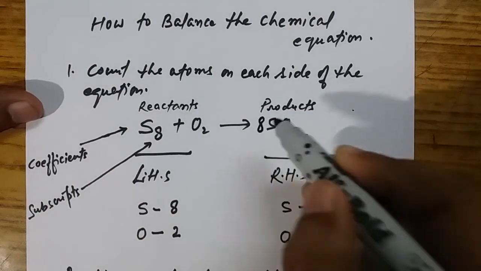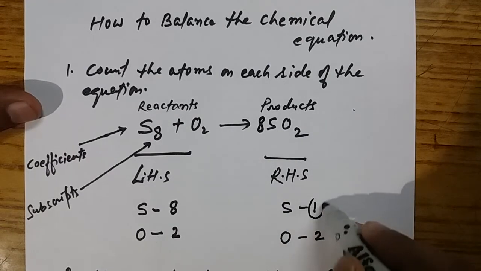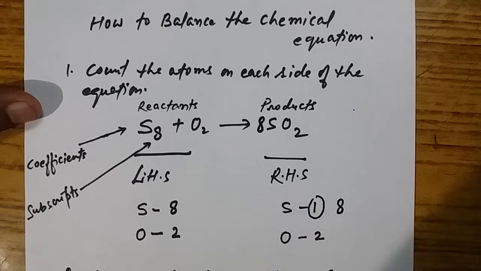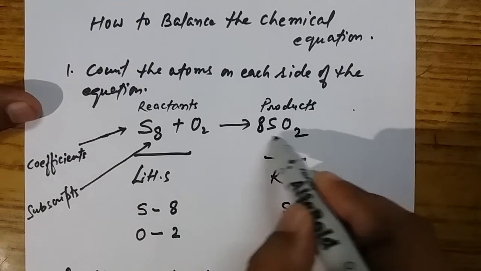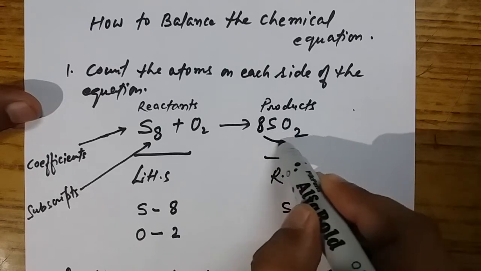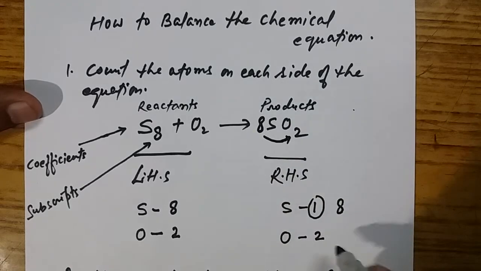Now sulfur has become 8, but there is a change in oxygen. This 8 will multiply with oxygen, so it becomes 8 times 2, that is 16.